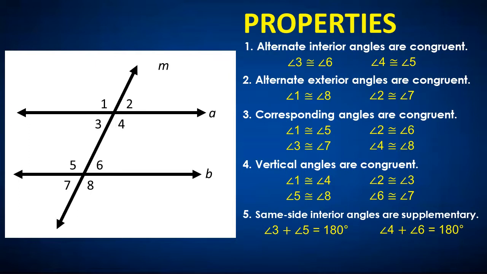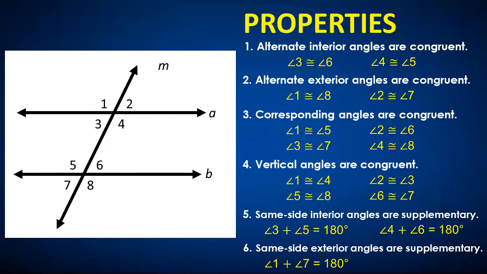We will use this later to get the measure of some angles, so you need to know this. And last is number 6, same side exterior angles are also supplementary. So, what are our same side exterior angles? Angle 1 plus angle 7 is equal to 180, and angle 2 plus angle 8 is equal to 180 also.